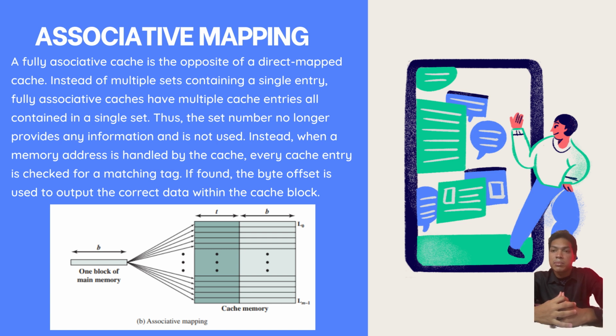Thus, the set number no longer provides any information and is not used. Instead, when a memory address is handled by the cache, every cache entry is checked for a matching tag. If found, the byte offset is used to output the correct data within the cache block.